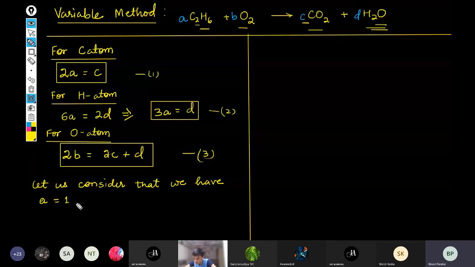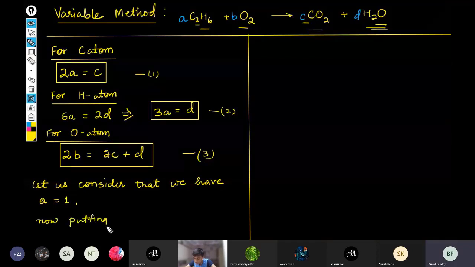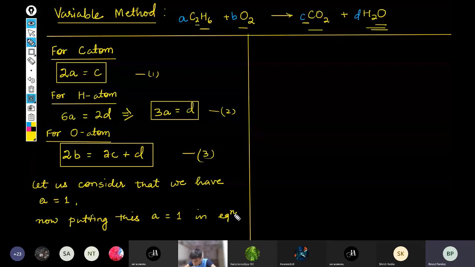Now putting A equal to 1 in equation 1, what will we get here?